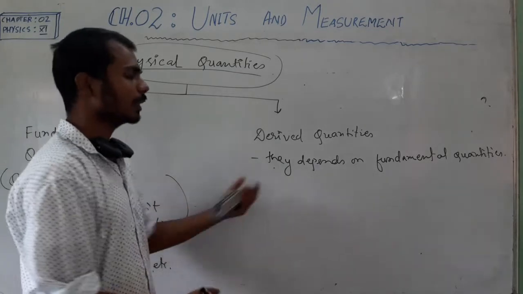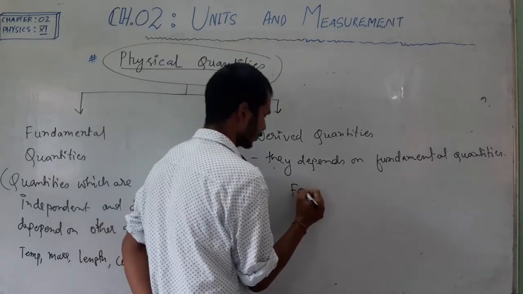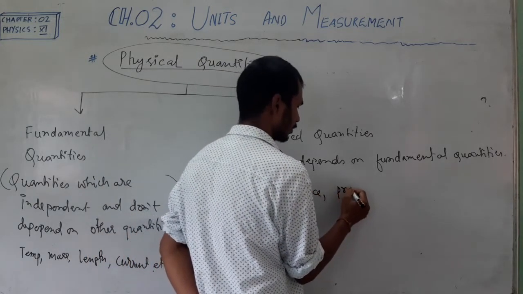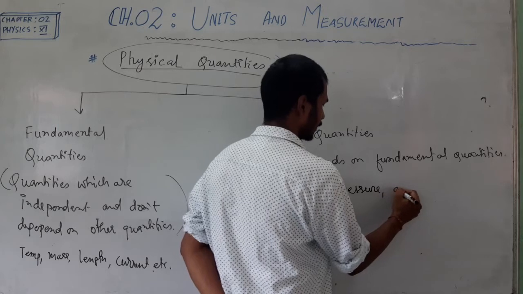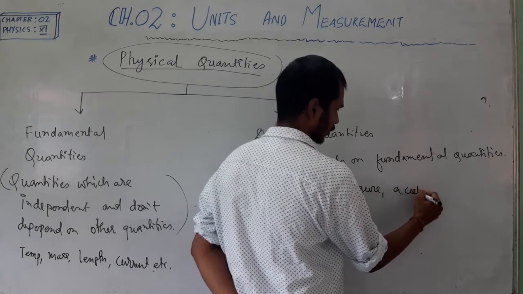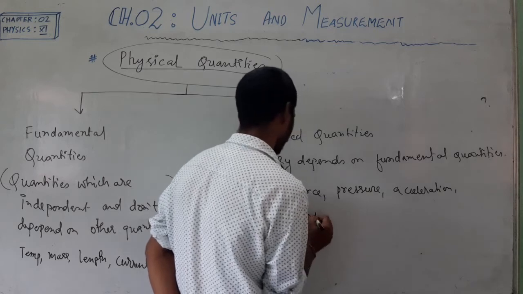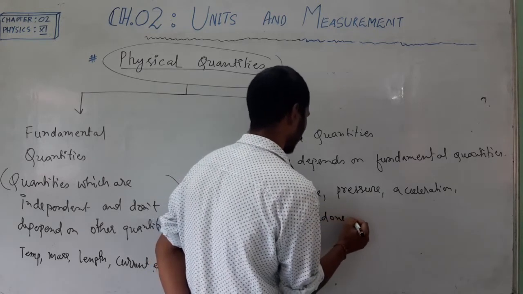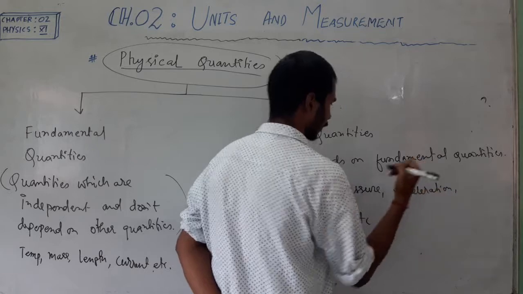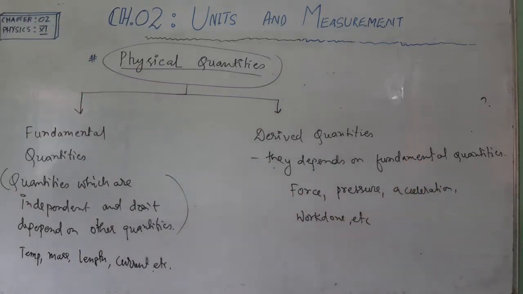And in case of derived quantities, we can write force, pressure, acceleration, work done, etc. Okay, these are derived quantities.